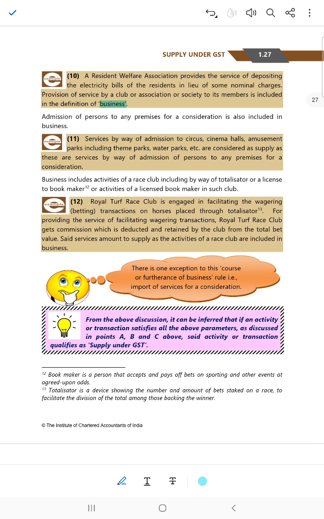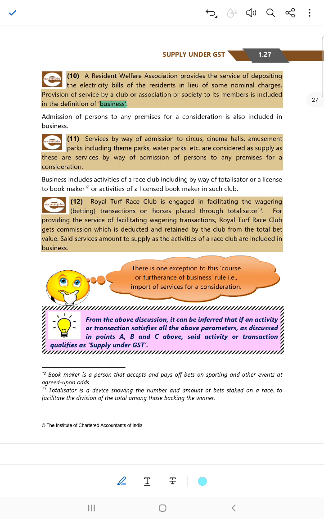One exception to the course or furtherance of business rule: even if there is an import of service without consideration. So whenever there is an import of service, not goods, okay? Because if there is an import of goods, then it has to be checked whether it's in the course or furtherance of business.